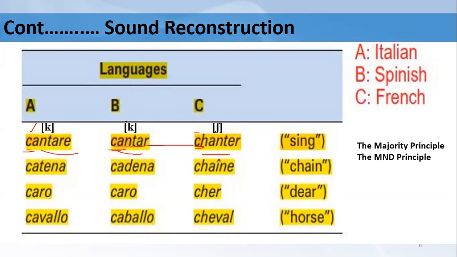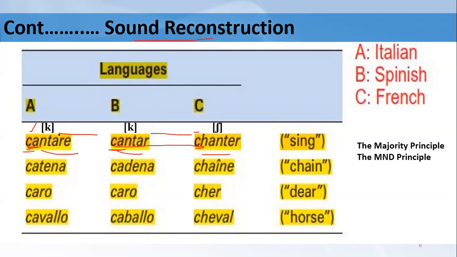The original sound means that we do not know which one among these three members, these three cognates, is the oldest form, fine. So in order to find out which one is the oldest form and which sound is the oldest one, either the cantare, or the canter, or the shanter, so we have got ka, we have got sha. In order to decide this, we have to go for sound reconstruction, fine.